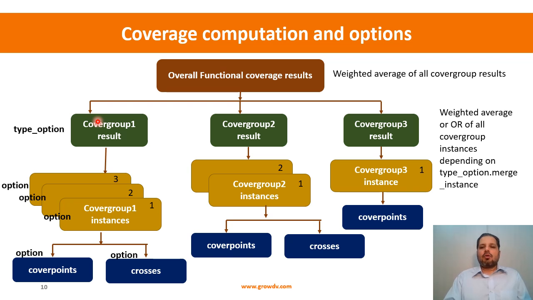Now what we need to understand is that at the cover group type level, we have two ways of averaging. One is that you could do a weighted average of the cover group's instances. Per instance I can assign a weight. Let's say I have a multiple-instance design, I can control the weight for a given instance. So I can do a weighted average coverage computation across the instances of a specific cover group, because every cover group instance has this option.